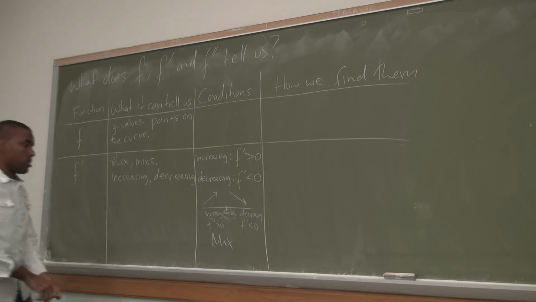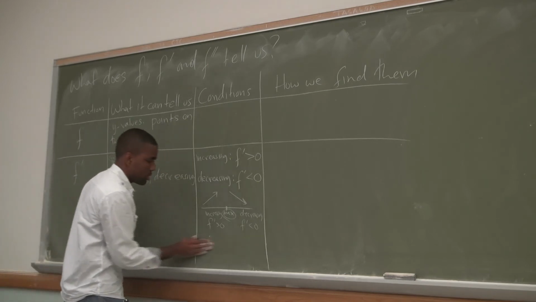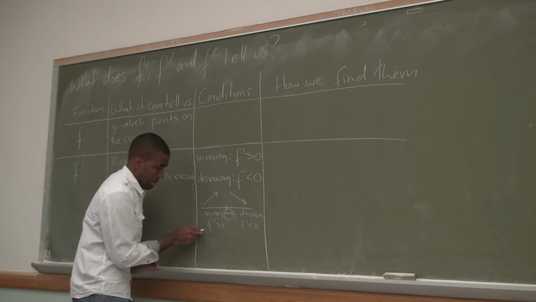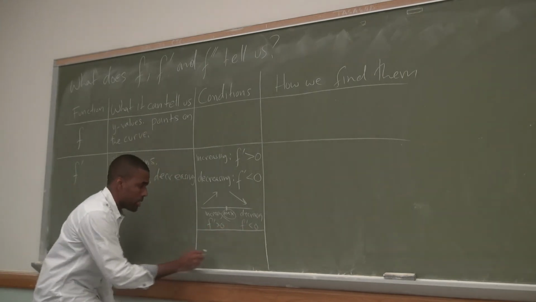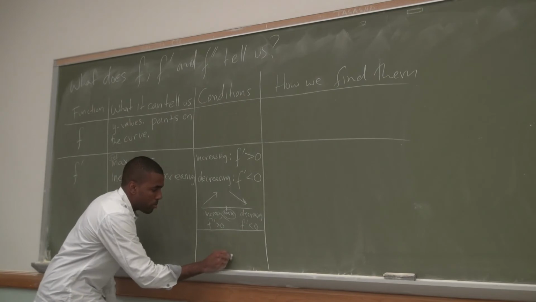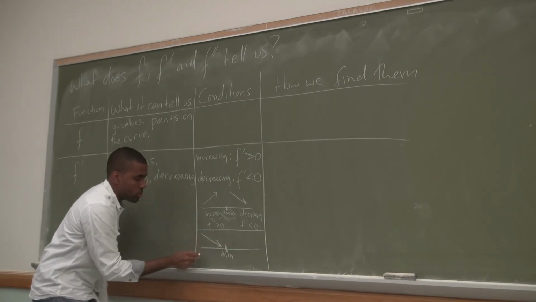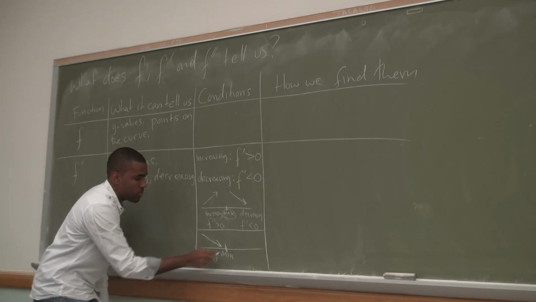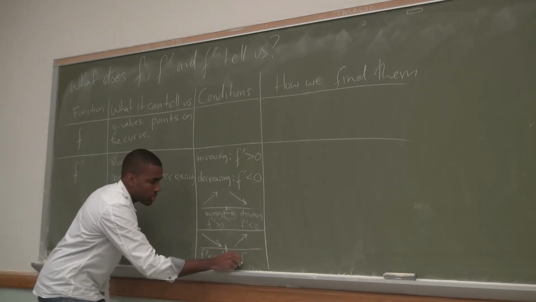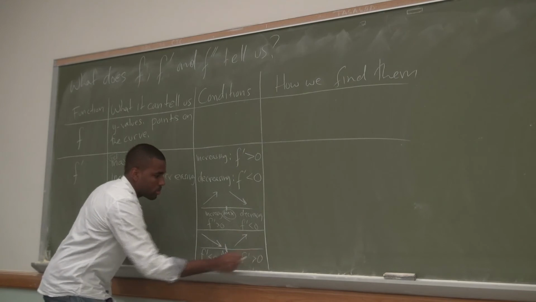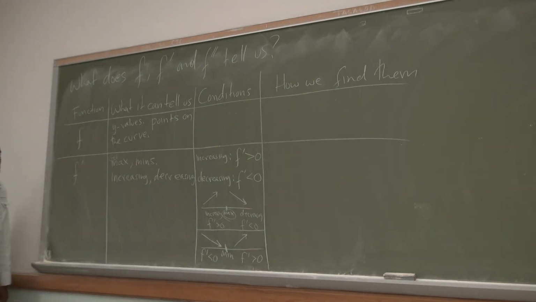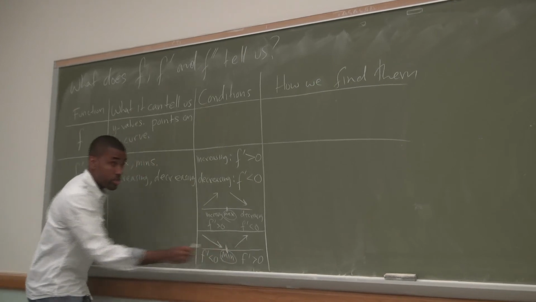I'm sort of running out of space. Well, a min, of course, is similar. You know you hit a minimum if you were decreasing first, which means your derivative was negative, then you started increasing. That means you will hit a minimum, a relative minimum.